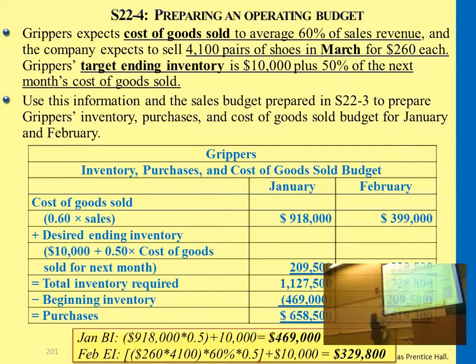Remember the ending inventory policy is $10,000 plus 50% of next month, which is January's cost of goods sold. So we'll be using $918,000 times 50% plus $10,000 to get to $469,000. This is the ending inventory of December, which is also beginning inventory of January.